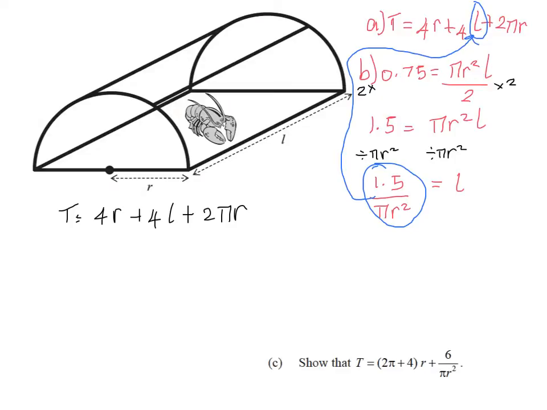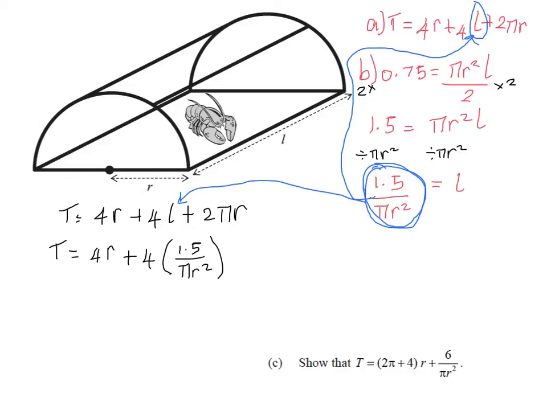But again, we don't want our L there. So I'm going to say that T instead is equal to 4r, which I just rewrote, plus 4 times, and again, I'm taking this and I'm putting it in the spot where L is. So that is, let's say, 1.5 over pi r squared plus 2 pi r.